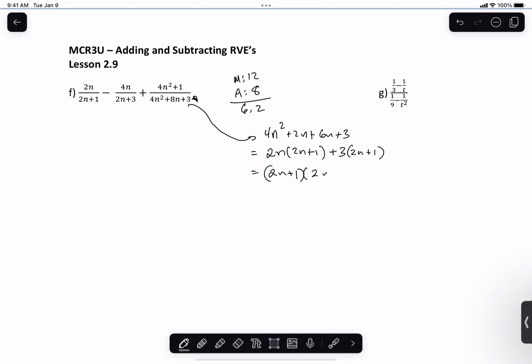And I'm left with 2n plus 3. Oh, that's interesting, isn't it? Let's rewrite this whole line here, okay, with that factored version. 2n over 2n plus 1 minus 4n over 2n plus 3 plus 4n squared plus 1 over 2n plus 1 multiplied by 2n plus 3.